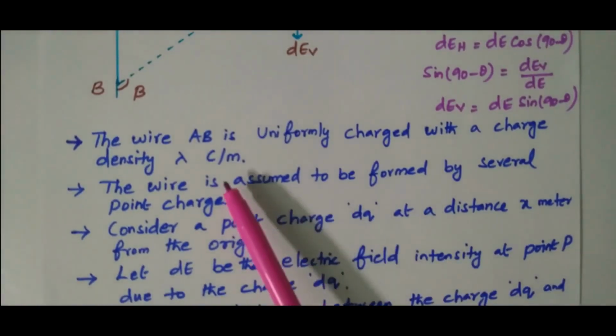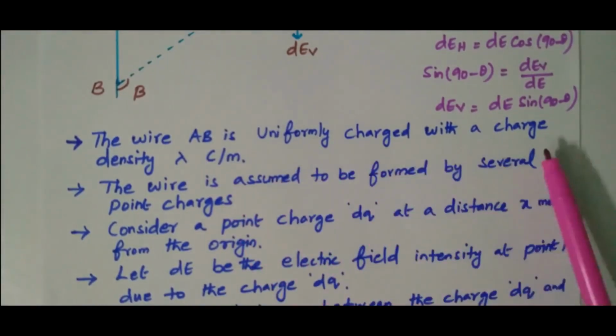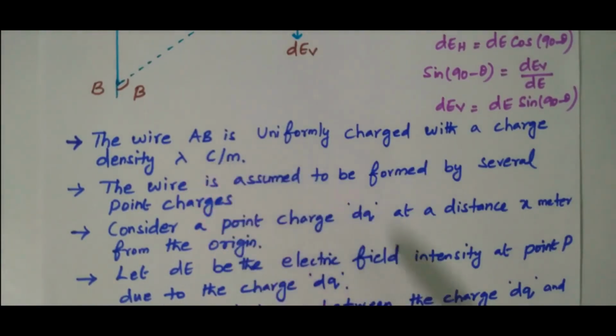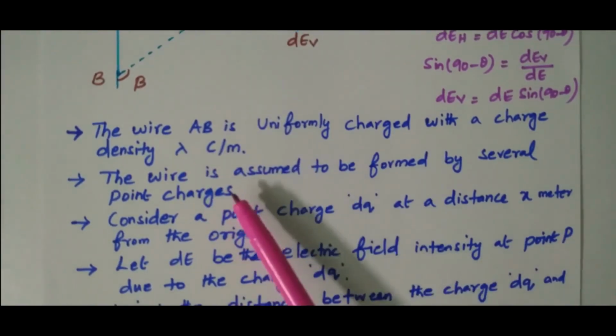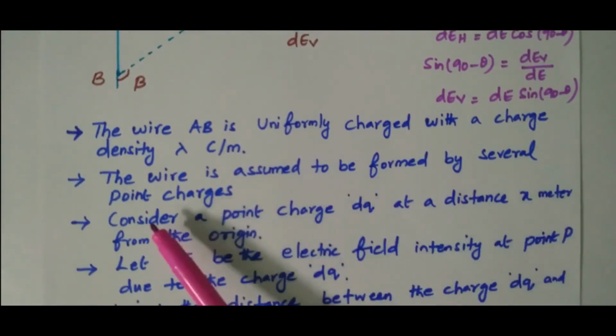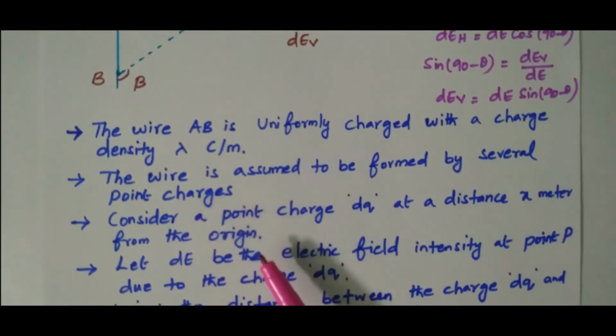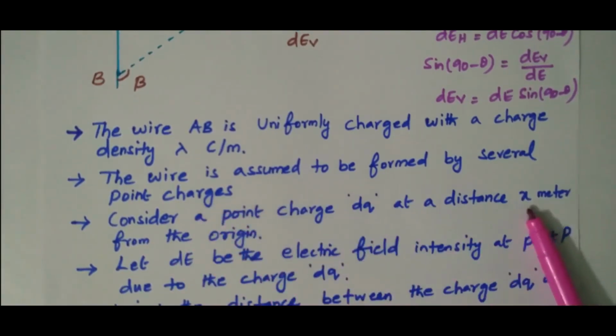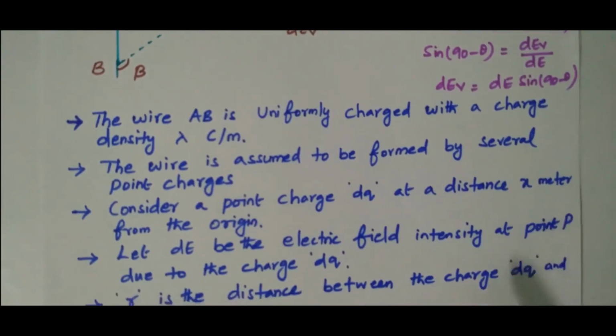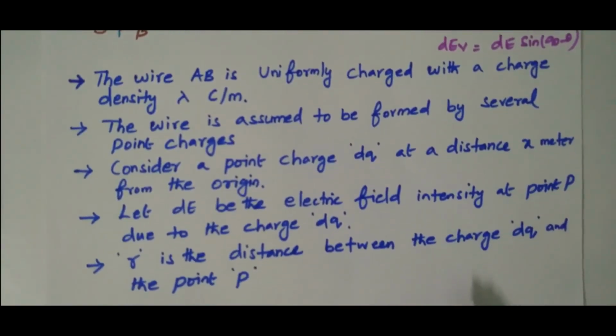The wire is uniformly charged with a charge density lambda coulomb per meter. The wire is assumed to be formed by several point charges. In that we consider only one point charge at a distance x meter. So dE is the small electric field intensity due to the small charge. R is the distance between the charge dq and point P. The detail about the diagram is given.